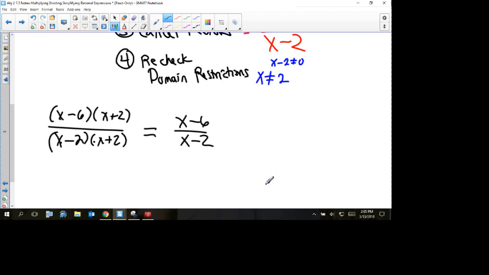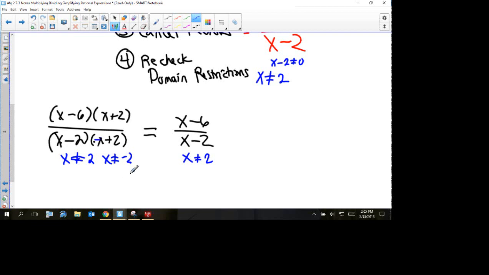When we look at our domain restrictions for this one, we could not plug in positive 2 and we could not plug in negative 2. But for this one, positive 2 was our only restriction. This is a difference between these two equations. Here, if I plugged in negative 2, what would this parenthesis down here become?